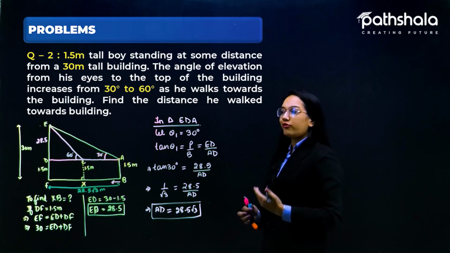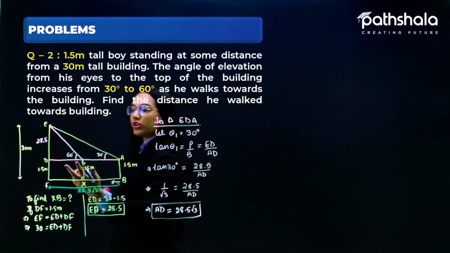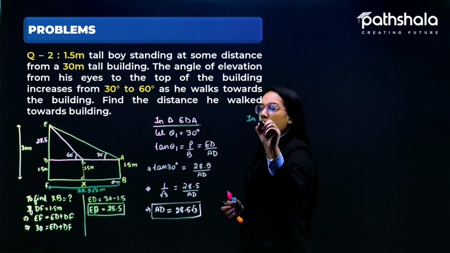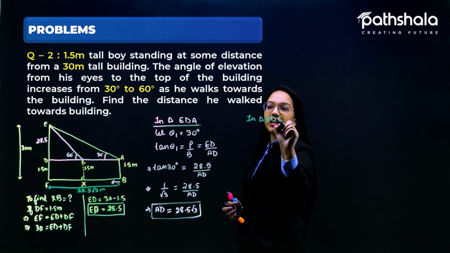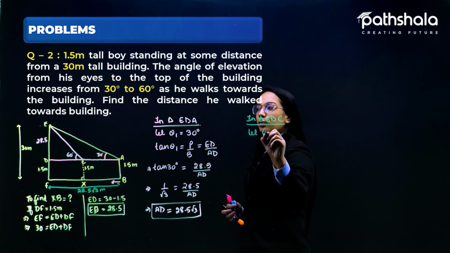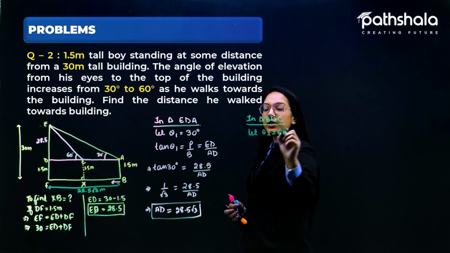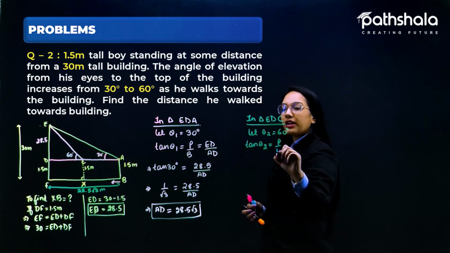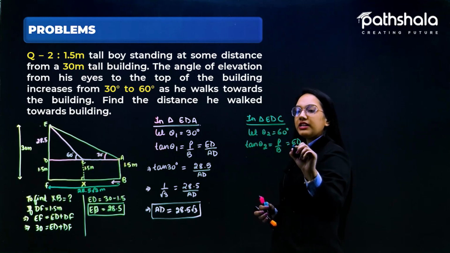Now let's move on further and talk about this particular CD. We can calculate this CD. Now let's talk about the triangle EDC. In the triangle EDC, let theta 2 be equal to 60 degrees. Again we can use the tangent: tangent theta 2 is equal to perpendicular by base, which is ED by DC.